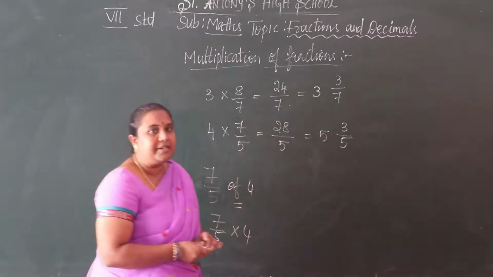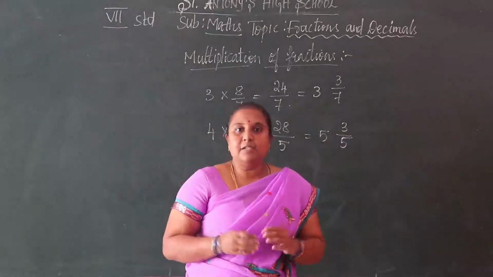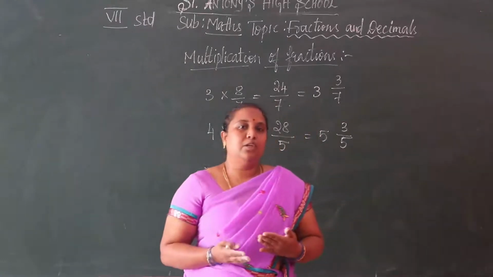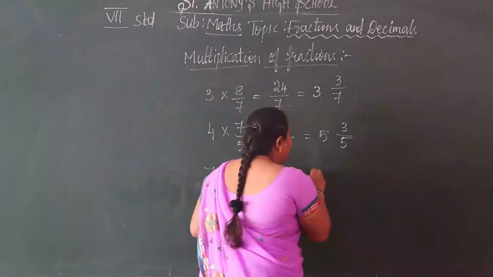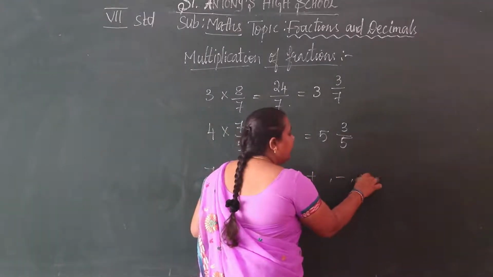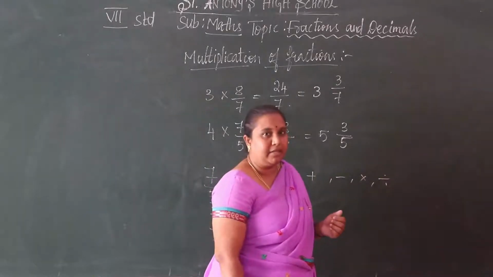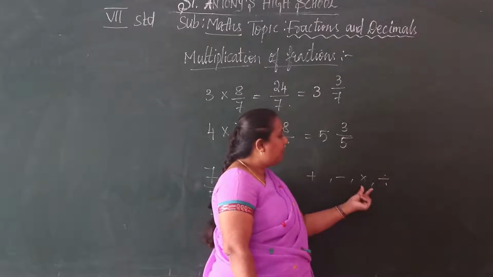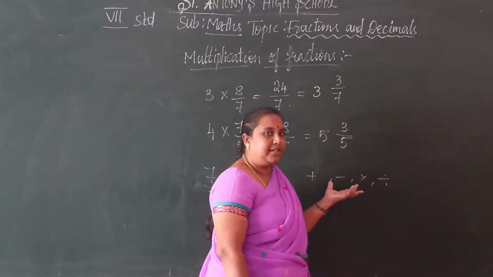You know, children, I told you in your algebra class, that is simple equations, that we can remember the operations. What are the operations? See the signs: plus, minus, multiplication and division are operations in mathematics. Addition, subtraction, multiplication and division signs are operators.